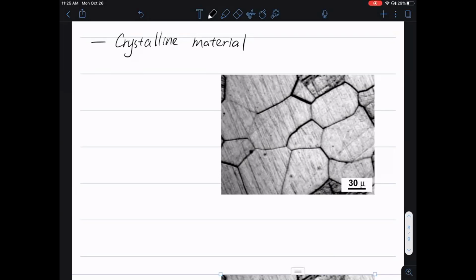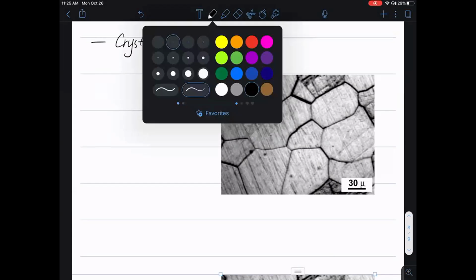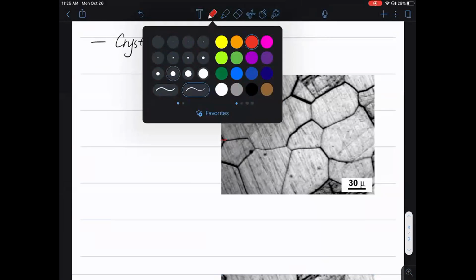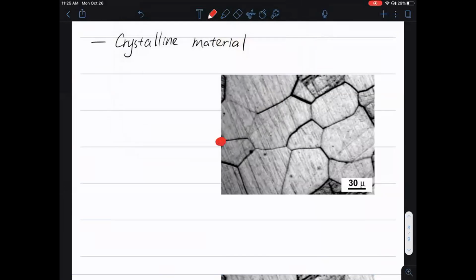Any guesses? Mandy? Follow the grain boundaries. Break on the boundaries. So if we draw that, if a crack happens, use wider one. Oops, that's too much.